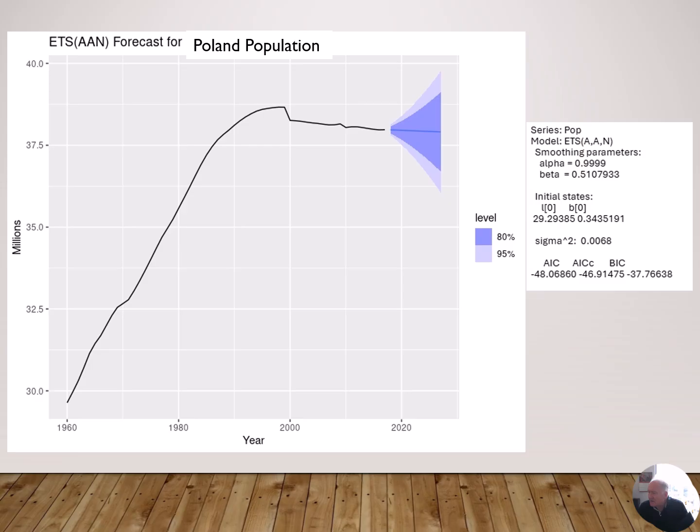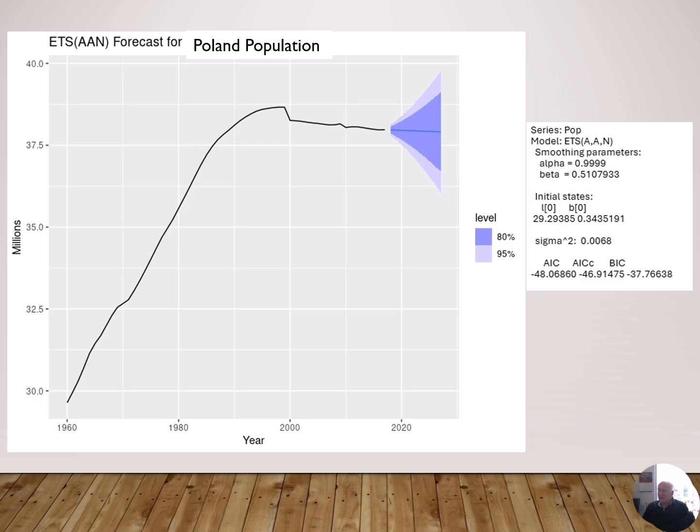This is the population for Poland, and what we see is that once again we'll use the error and the trend and not the seasonality. And in this case we find out that alpha is 0.999 and beta is about 0.51.